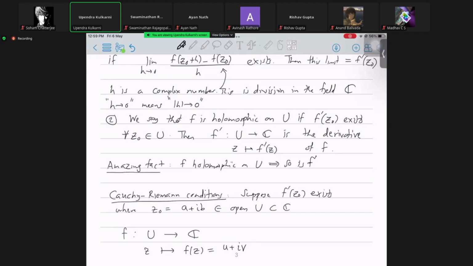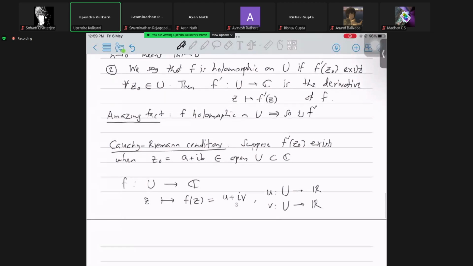So here, u is a function from U to R, and v is also a function from the set U to R. It's just real and imaginary parts.